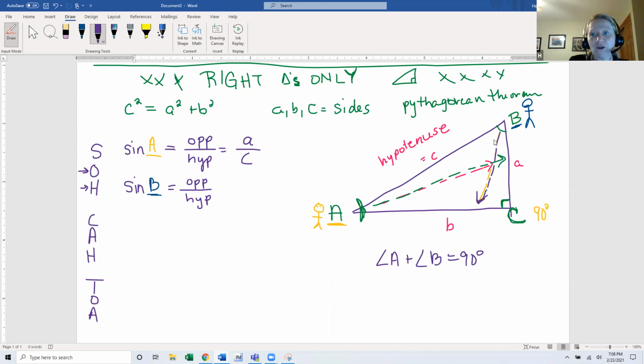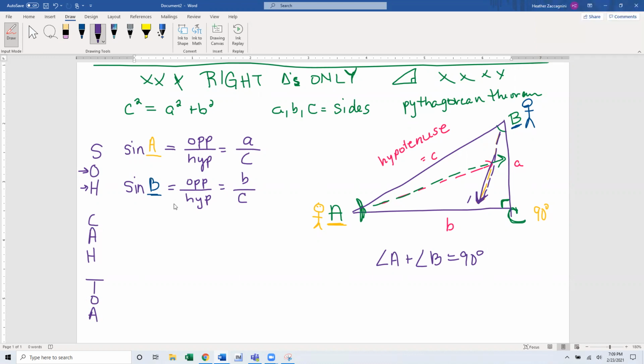The side that's across from angle B, or opposite angle B, is little b. So this is going to be b over the hypotenuse, which is c. So the hypotenuse stays the same because it doesn't move based on perspective. The hypotenuse is always the hypotenuse. All right, is that making a little sense? Anybody? All right, good.